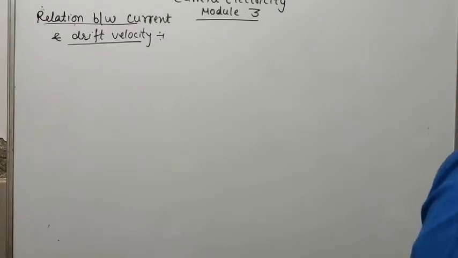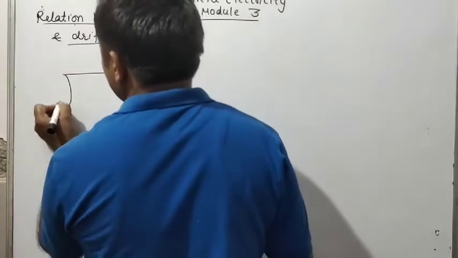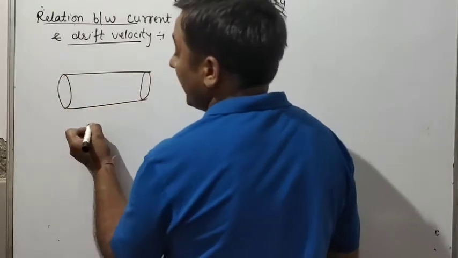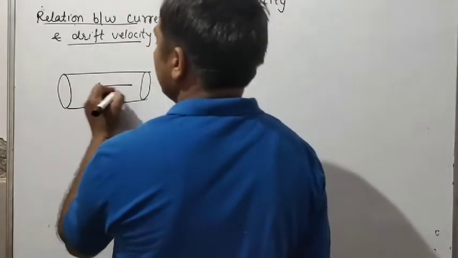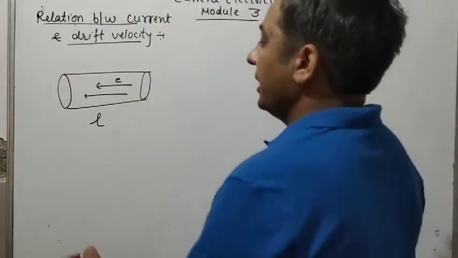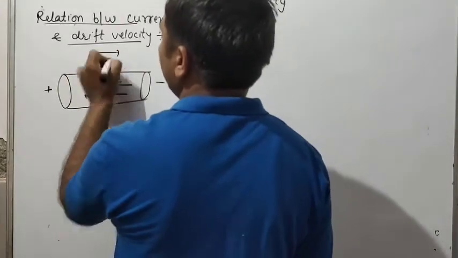We know very well, there is a conductor. This is a conductor of length L. Electrons will move in this direction, right? And this is the positive terminal, this is negative, so an electric field is applied.